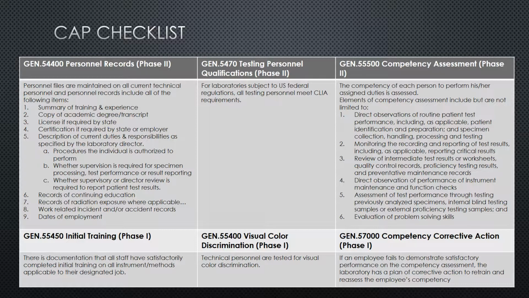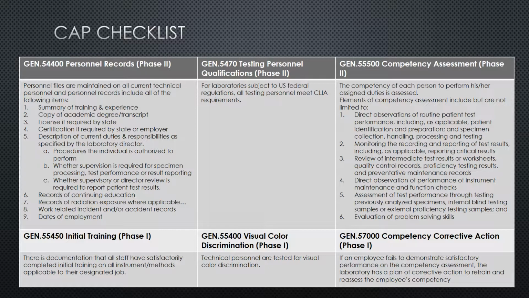So in this first one, you can see that GEN.54400 requires that personnel records are maintained with all of the current technical personnel and that they include each of the following items. So a CAP inspector could come in and say, okay, you have an employee named Bridget Shanley.